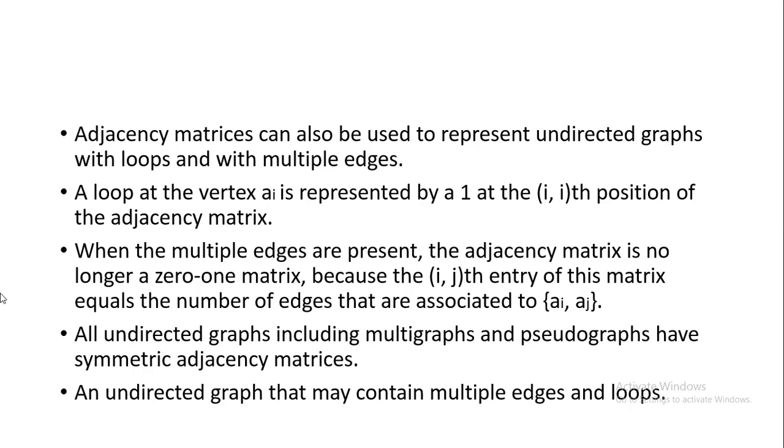And what is meant by pseudographs? A pseudograph is an undirected graph that may contain multiple edges and also loops. Understood? That is the slight difference between multigraphs and pseudographs. Multigraphs have multiple edges but no loops, but in pseudographs, multiple edges and loops both are present.